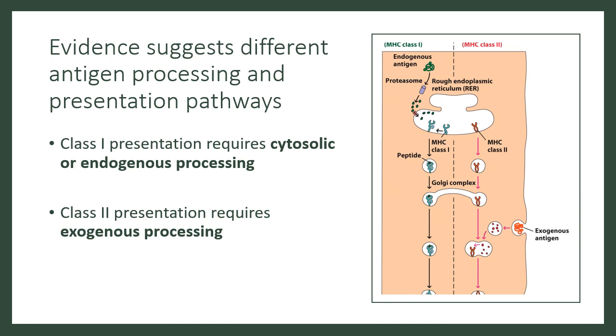So there are two different pathways, depending on whether we're talking about MHC class 1 or MHC class 2. These two pathways arise because these antigens come from two different sources. One comes from within the cell for MHC class 1. The other comes from outside the cell for MHC class 2.